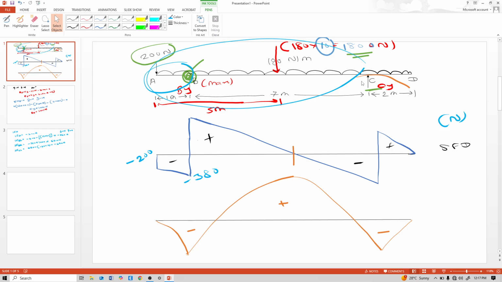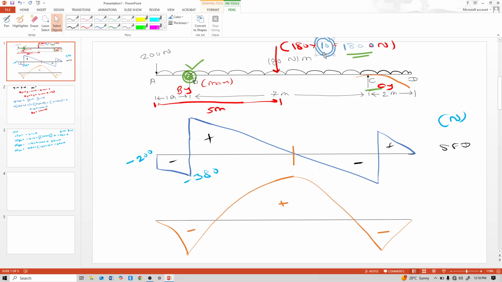Now shear force just right to that point C. This CY reaction is positive 1000.